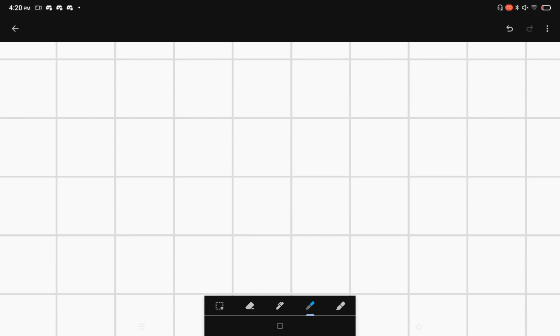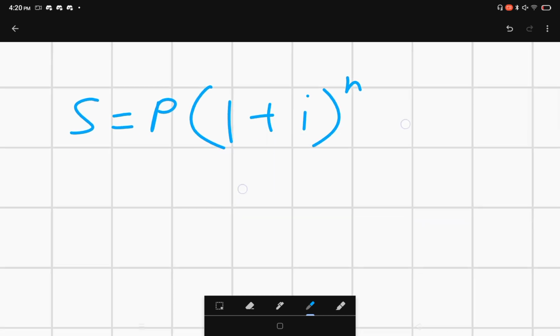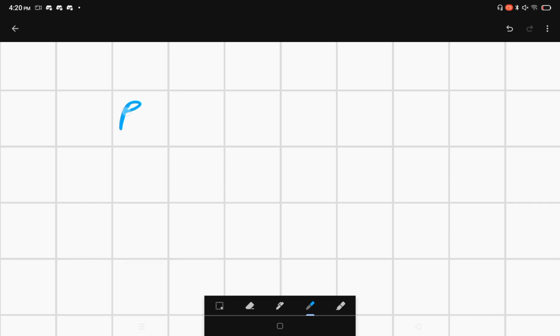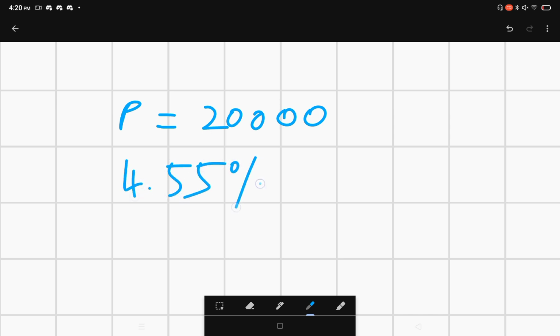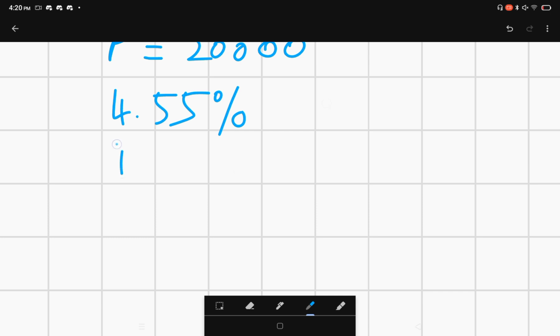First, we calculate the amount after 1.5 years using the compound interest formula. So we will use this formula, which is S equals P(1 + i)^n, where P is 20,000 and the rate is 4.55% per year.